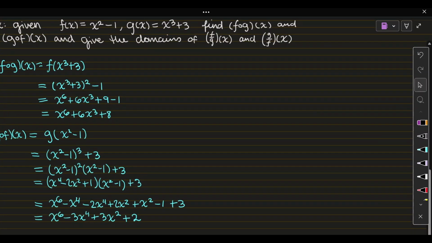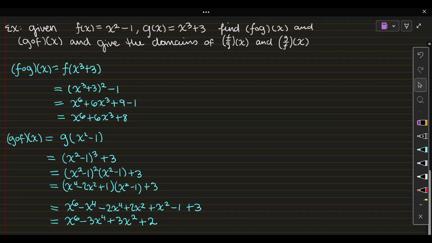Next, we want to find the domains of f over g and g over f. So let's start by just writing it out. F over g of x is just f of x over g of x, so that's x squared minus 1 over x cubed plus 3. Now remember, when we see a quotient, something being divided, my immediate reaction should be: if I have, for example, 1 over u, I need u not equal to 0.